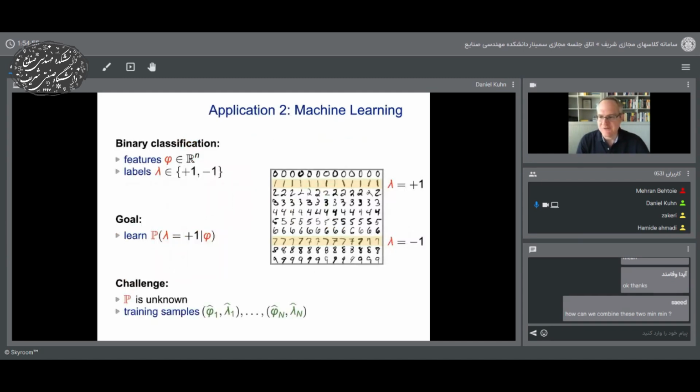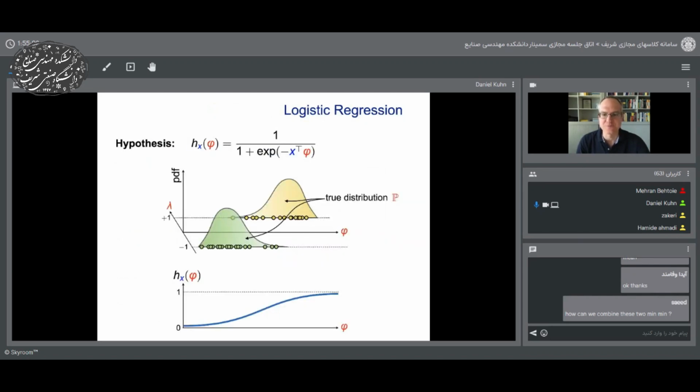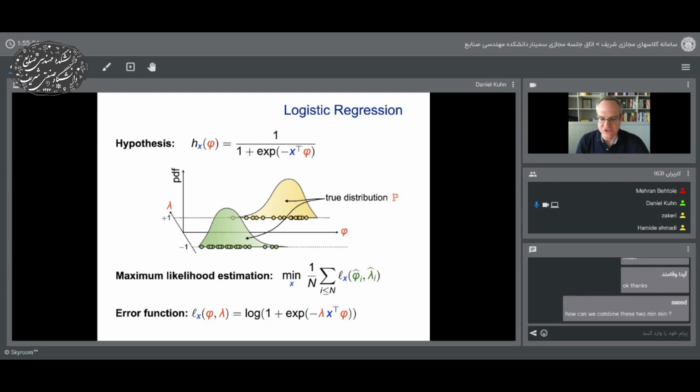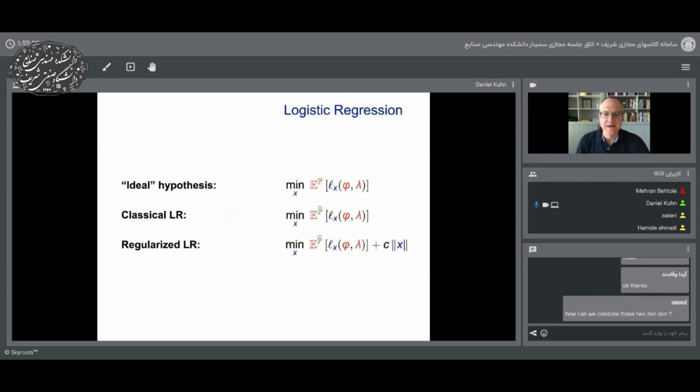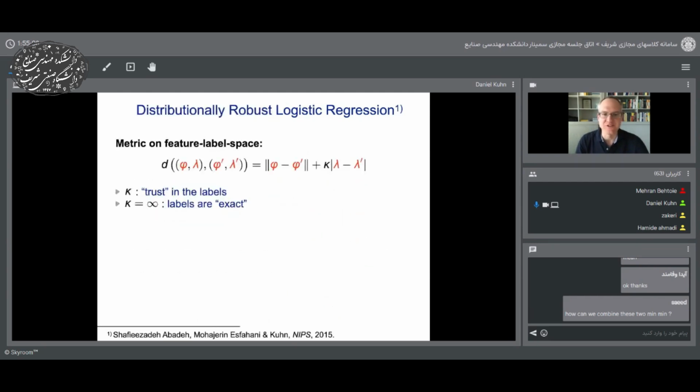And I would also have some applications of this method to machine learning, where we show that you can use a distributionally robust model to, say, solve a logistic regression model. And we can prove that in certain cases, classical logistic regression with a regularization term can be seen as a special case of a distributionally robust logistic regression model.